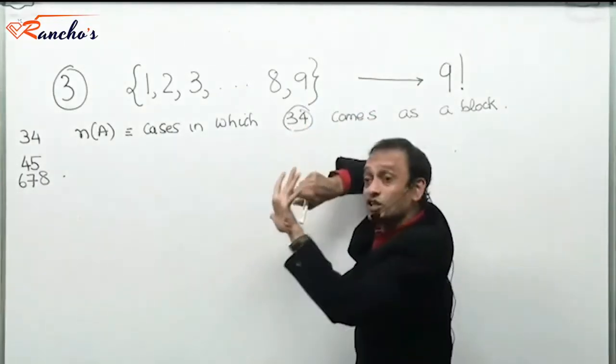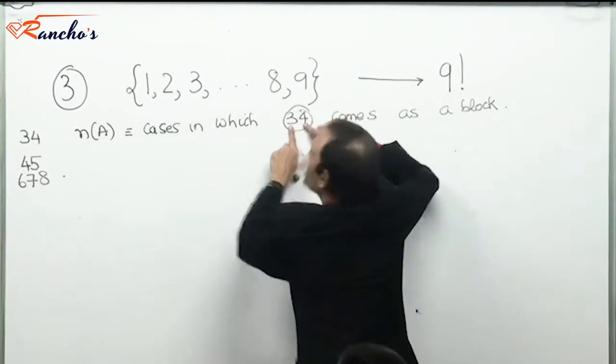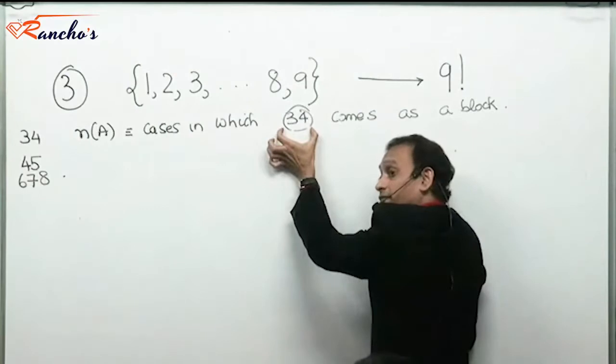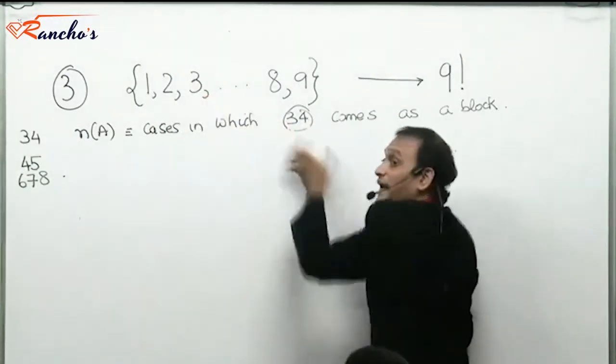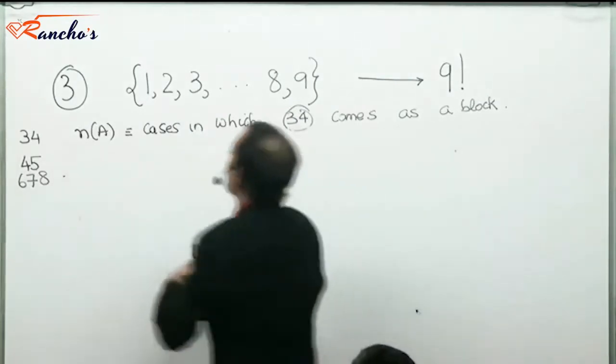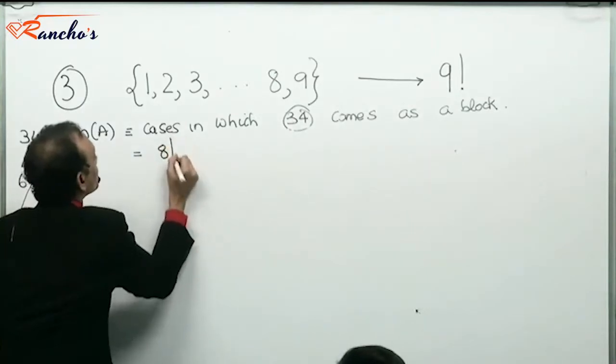There are 8 entities in all. If you exclude 3 and 4 from these 9, there are 7, and this is one single unit. So 7 and 1, 8 units to be permuted. In how many ways can you do that? 8 factorial ways. So cases in which 3, 4 comes as a block is 8 factorial.